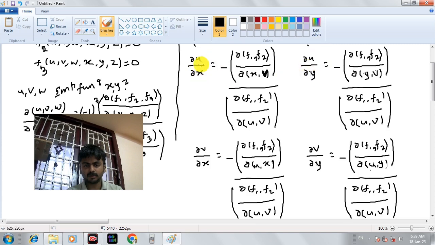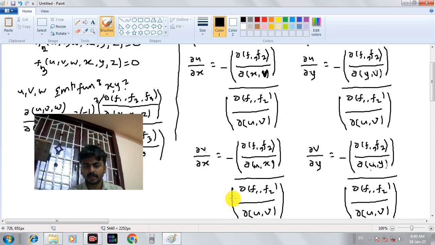When we are differentiating u, which is a function of both x and y, with respect to x, we get the first variable as x and the next variable as other than u. That is why the first variable is y and the next variable is other than u, v. The numerator, dou of f1 comma f2, is common, and the complete denominator is common for everything.